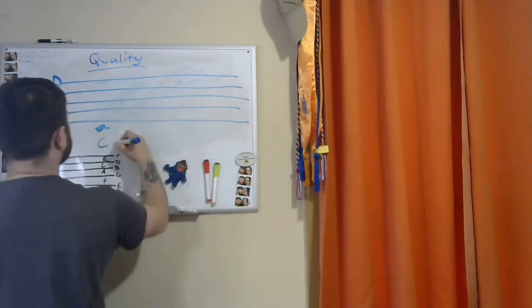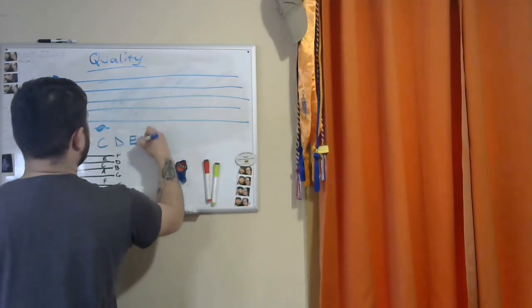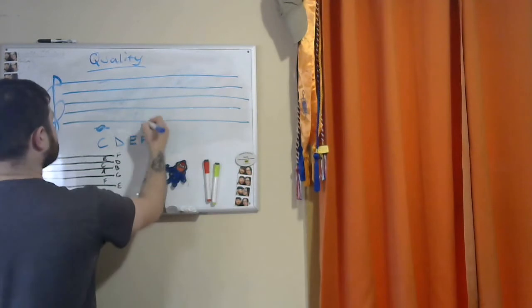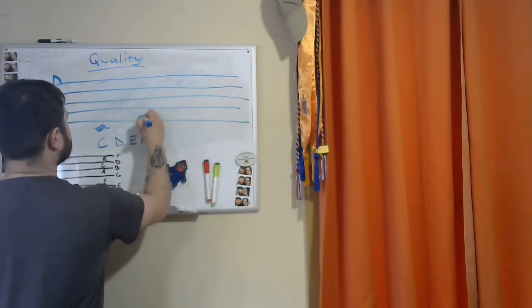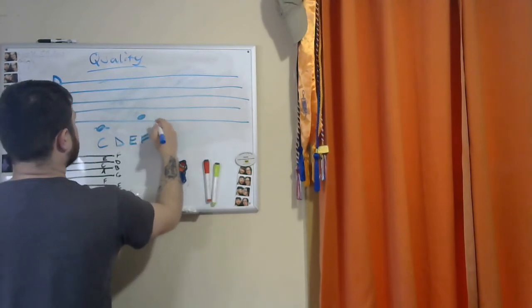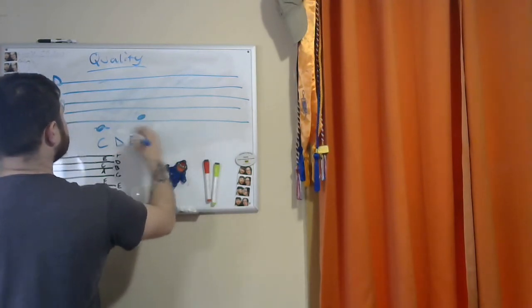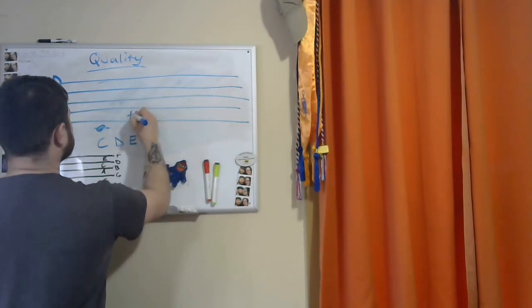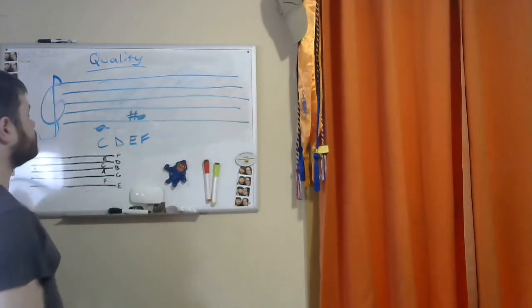So we count C, D, E, F. Count our letter names. It's 4 letter names. So it's some kind of F. And we're augmenting it. We're making it a tritone. So it'd be an F sharp. So that's what it looks like, C to F sharp.